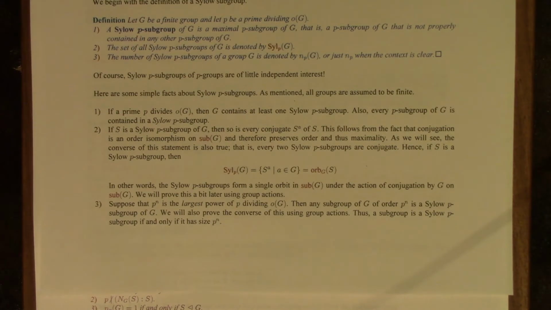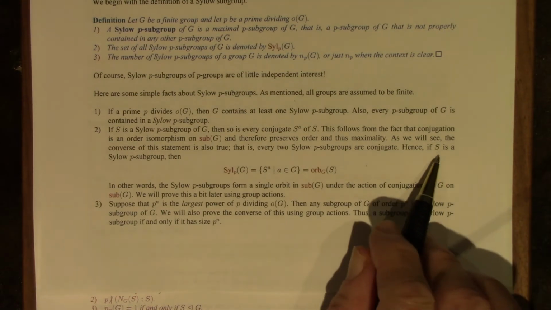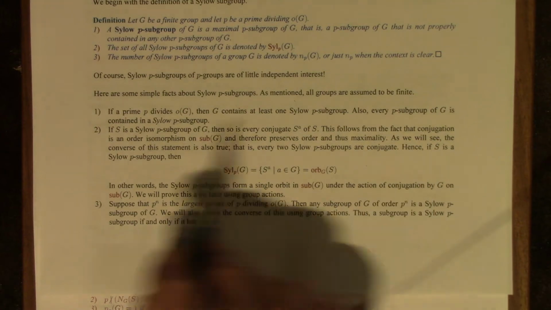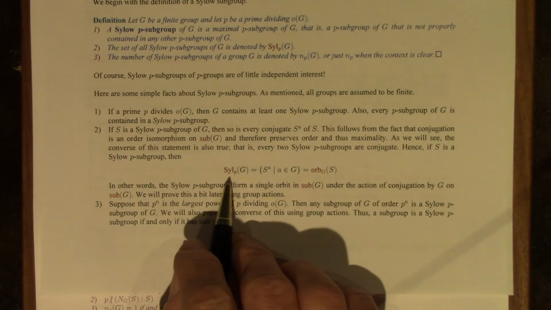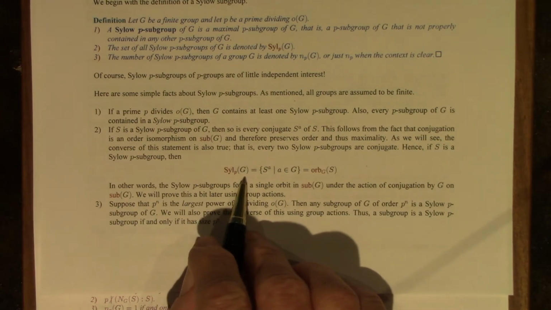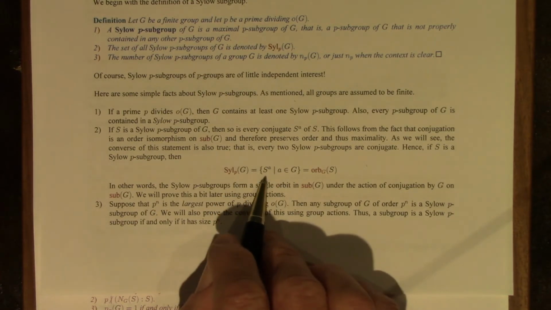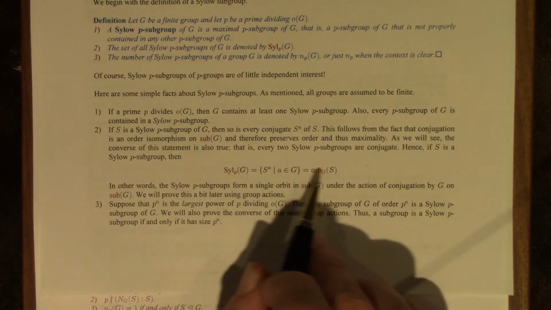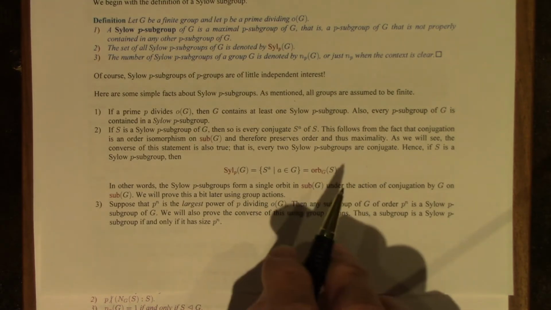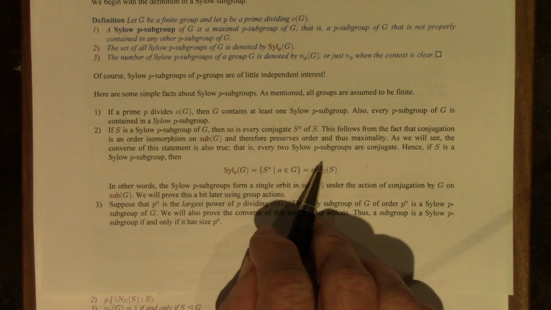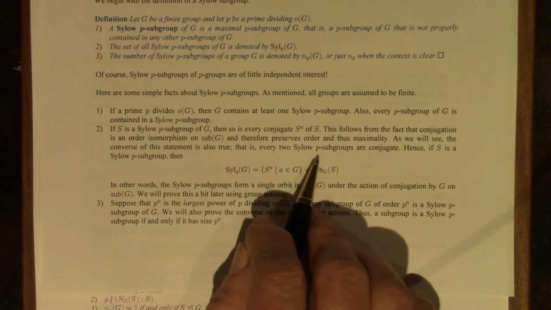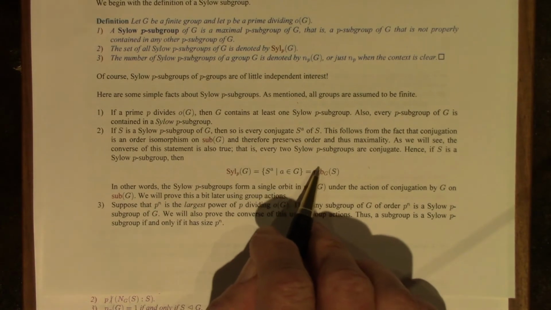That is, every two Sylow subgroups are conjugate. So, if S is a particular Sylow subgroup, then the family of all Sylow subgroups is just the family of all conjugates of S. And that's a certain orbit, which I'll let you think about. And so we'll prove that. We'll prove all this later using group actions.